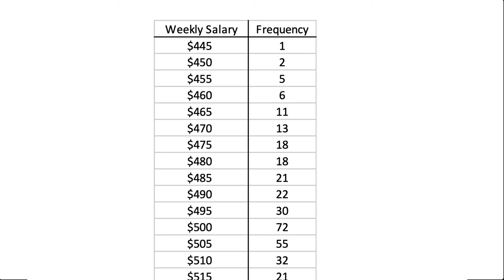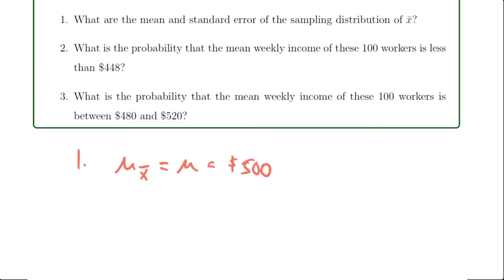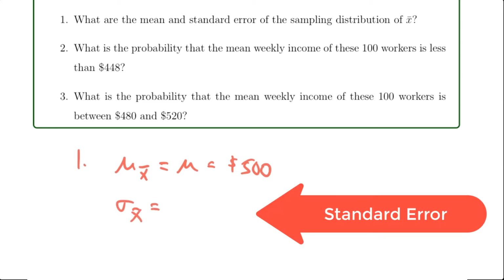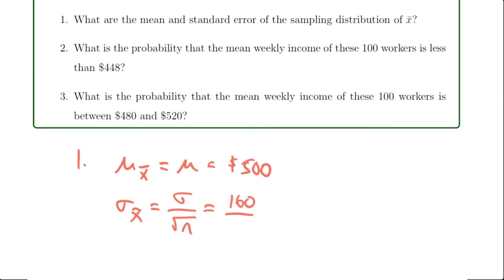It equals the standard deviation of the population divided by the square root of the sample size. So that's $160 divided by the square root of 100, which is exactly 16. So the frequency distribution of all the mean weekly incomes has a standard deviation of about $16.